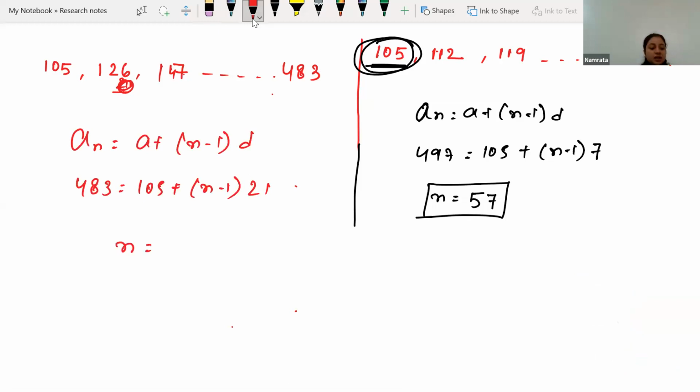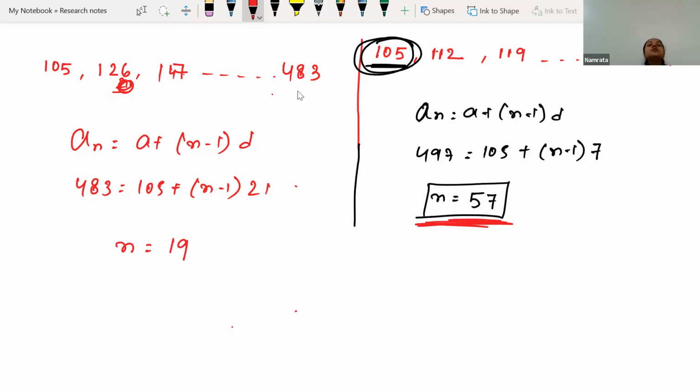Can you please tell me what n value you are getting from here? 19. So 19 terms.